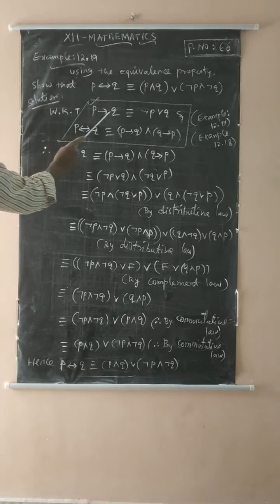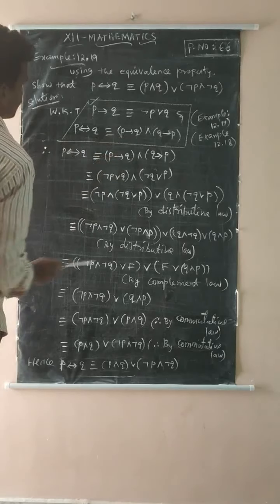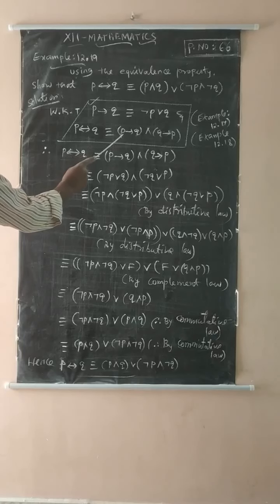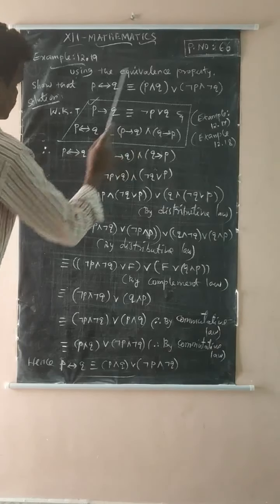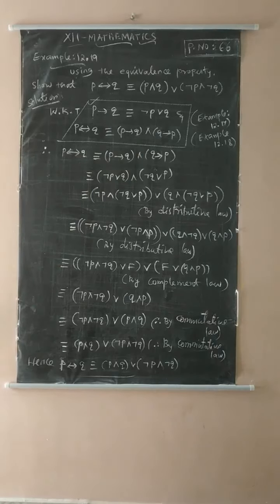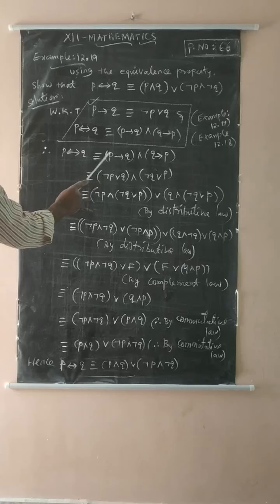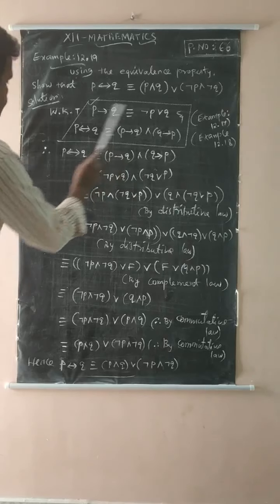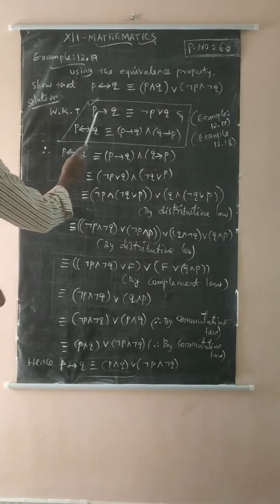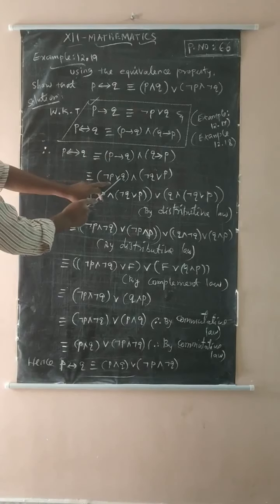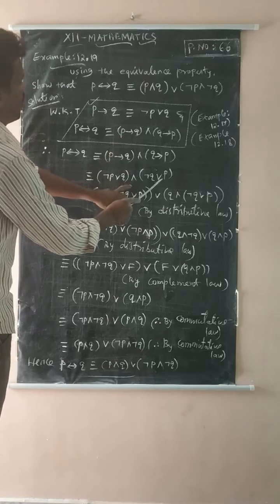We know that P conditional to Q is equivalent to negation P or Q, which is the result of example 17. P biconditional to Q is equivalent to P conditional to Q and Q conditional to P, from example 18. For this brace we use this result, and again for this brace we use this result: negation P or Q, and negation Q or P.